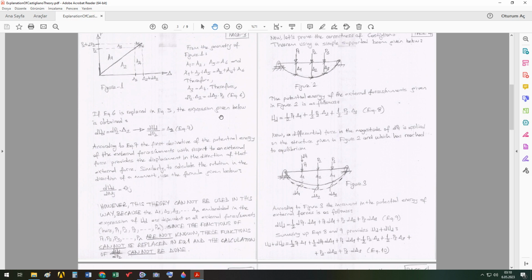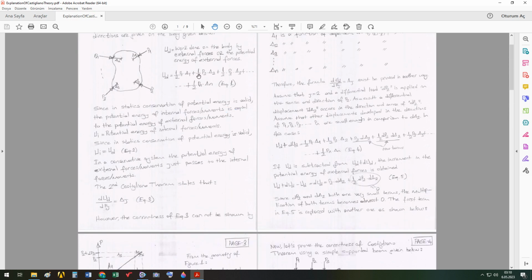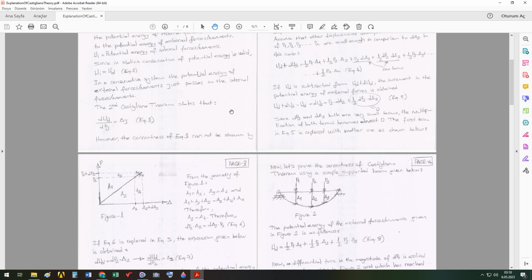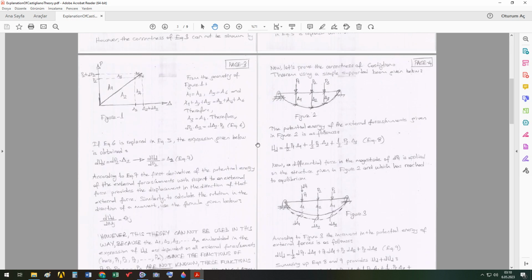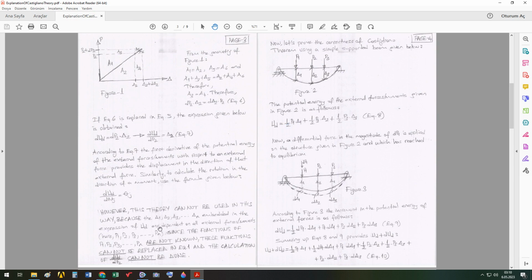UD is a function given here, but the deltas' functions are not available in terms of the loads, so we can't use this. In an example, you will understand what I mean. I was a bit confused here and made a mistake in the paragraph text.